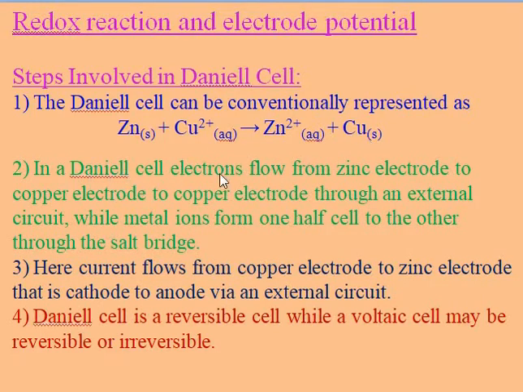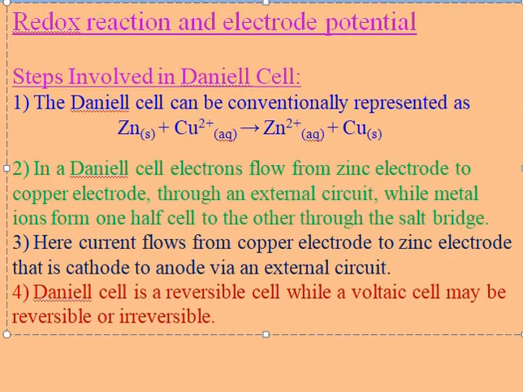In the Daniell cell, electrons flow from the zinc electrode to the copper electrode through an external circuit, while the metal ions move from one half cell to the other through the salt bridge.